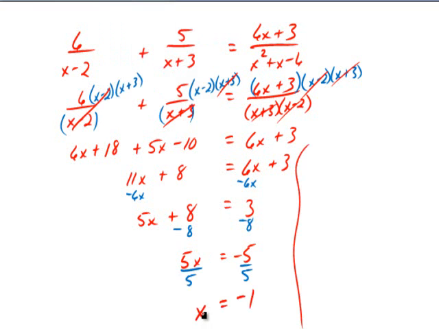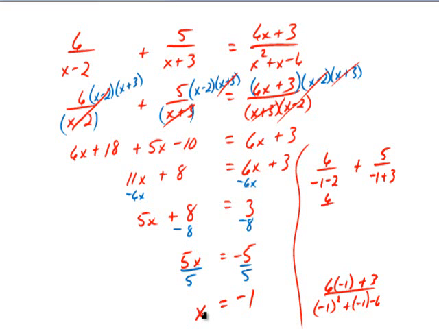Checking that answer, I have 6 over negative 1 minus 2, plus 5 over negative 1 plus 3. I want to see if that's equivalent to 6 times negative 1 plus 3 over negative 1 squared plus negative 1 minus 6. On the left-hand side, I have 6 over negative 3 plus 5 over 2.